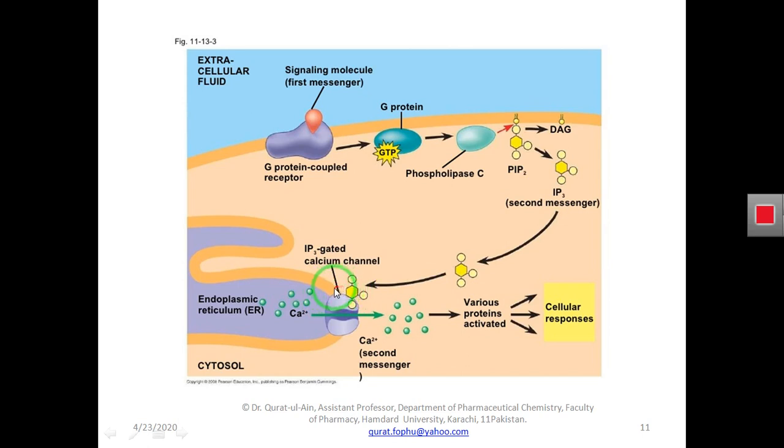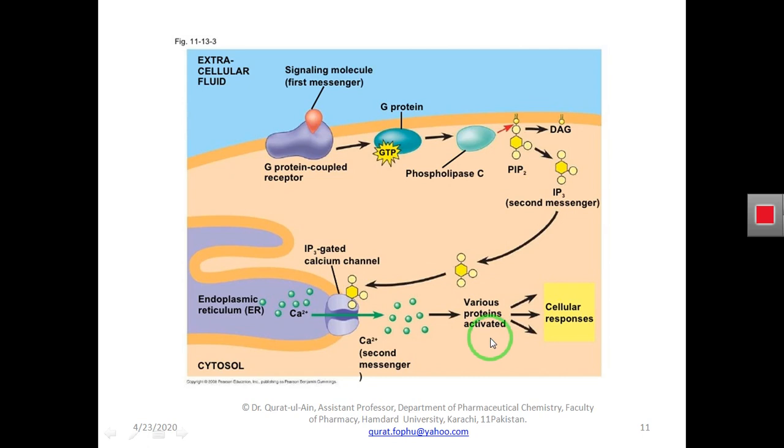This endoplasmic reticulum also has channels, such as the chloride channel and the calcium channel. The second messenger binds with the calcium channel and enables the calcium channel to open. When the calcium channel opens, the calcium will be released into the cytoplasm, and then the calcium will produce its cellular response.